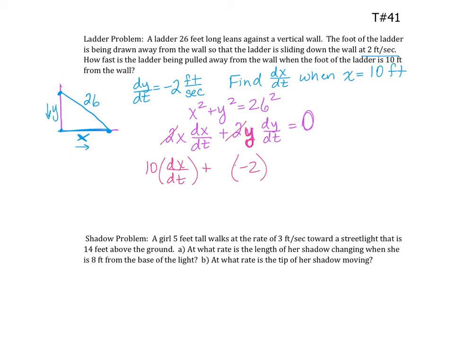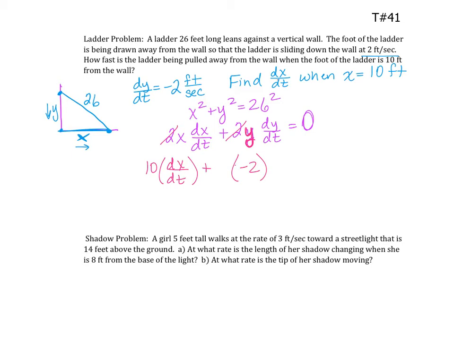Friends, after you've taken the derivative, if you start filling it in and you are missing a piece that you shouldn't be missing, in other words, you're finding dx dt, so it makes sense that I don't have that. I wish I had y. If you don't have that, they have given you enough information to find it.